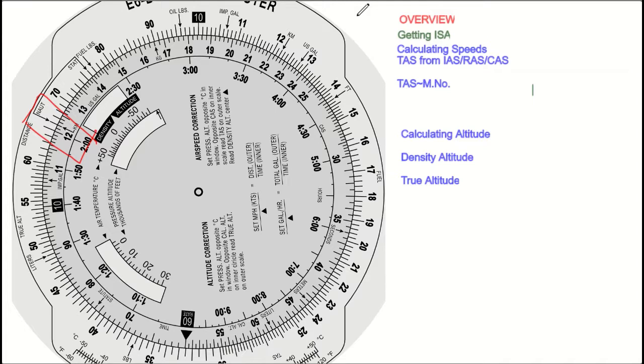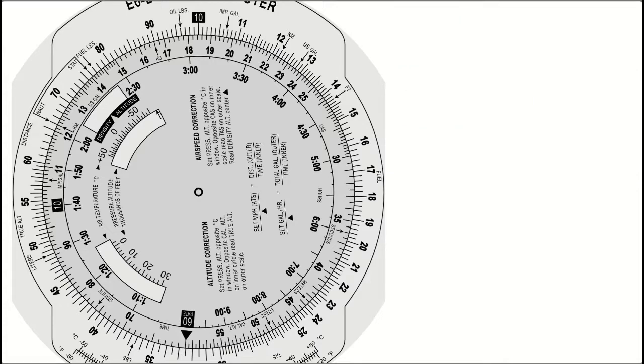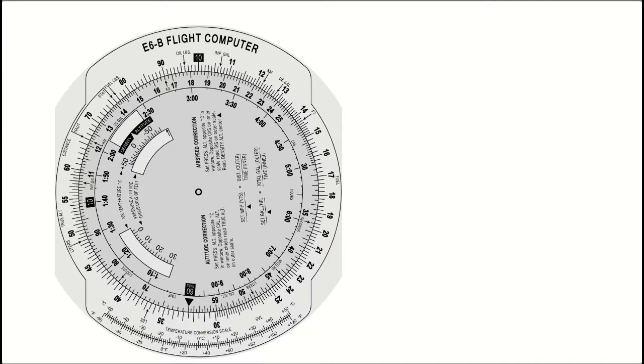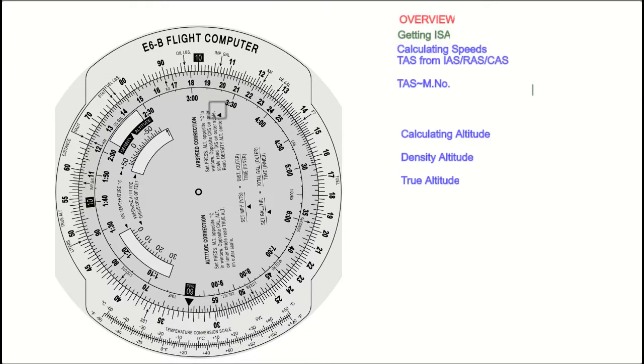We'll have a look at this once again, and you can play around with this. This is very simple to use as far as unit conversions go. For now, we'll get on to how to solve navigation problems on this.